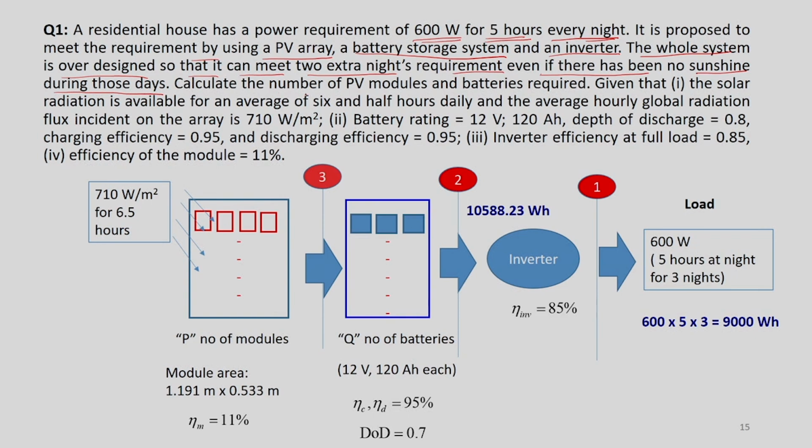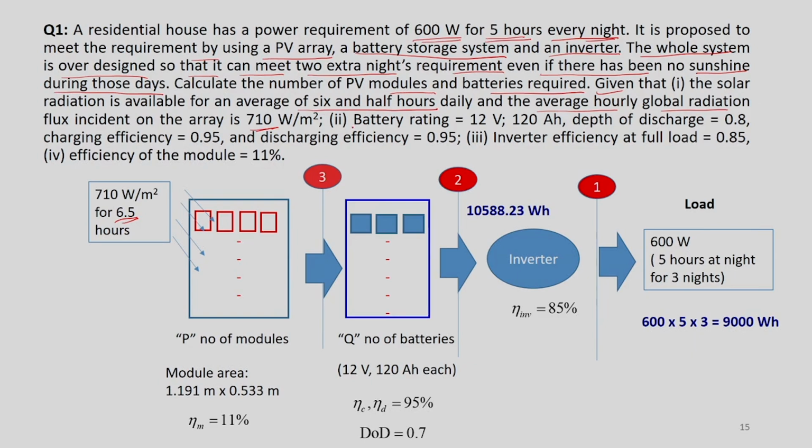Calculate the number of PV modules and batteries required, right, and some of the information is given, like solar radiation is available for an average of 6.5 hours daily, and the average hourly global radiation flux incident on the array is 710 watt per meter square.